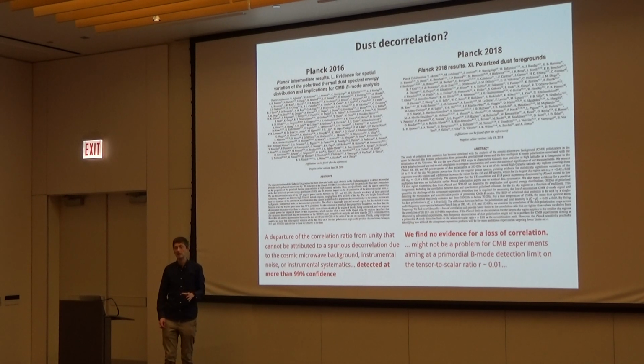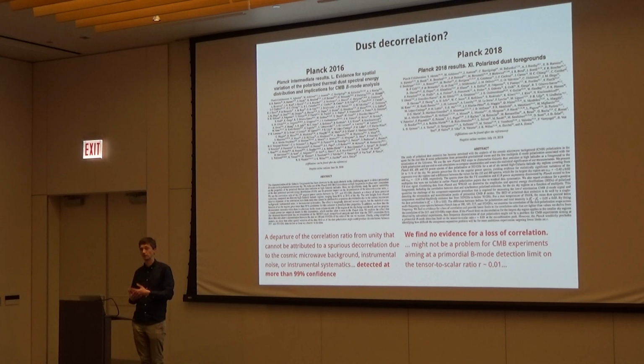So they were looking at the correlation between their 217 gigahertz and 353 gigahertz maps, both of which are dust dominated. And they were claiming that they saw significantly less correlation between those two maps than they would expect if they had a dust signal with a common spatial pattern.